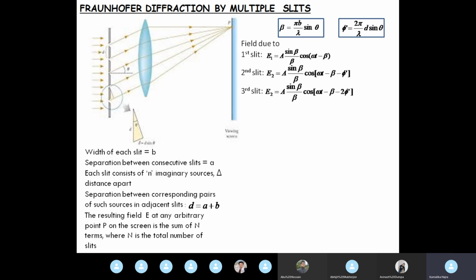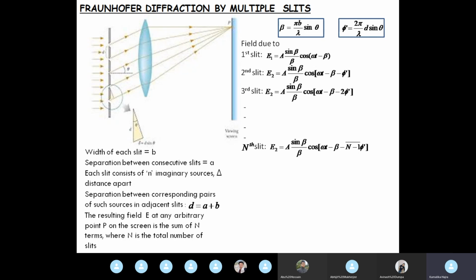And I am sure you can find some similarity of this trend that we are following with the norm that we followed in analyzing the superposition in our single slit diffraction case. So in this manner, if you write down the field due to each of the N slits, for the Nth slit, this will be E_N = A sin β/β cos(ωt − β − (N−1)φ').